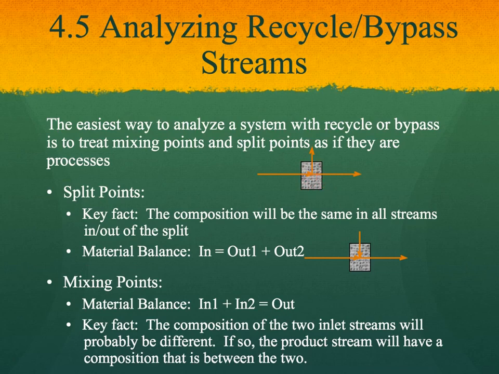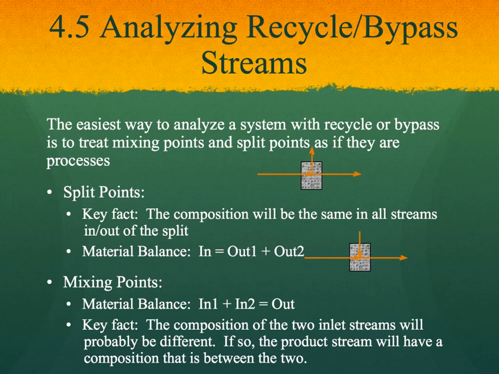So I have one stream in at the split point and two or more streams out. Since all it is basically piping, the composition in the feed will be the same as what comes out of this little split point unit. And the material balance is really easy because nothing will be accumulated, generated, etc. And so therefore N will equal the sum of everything coming out.